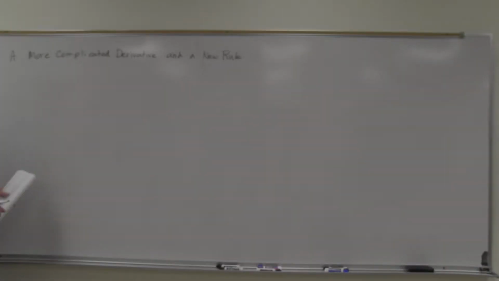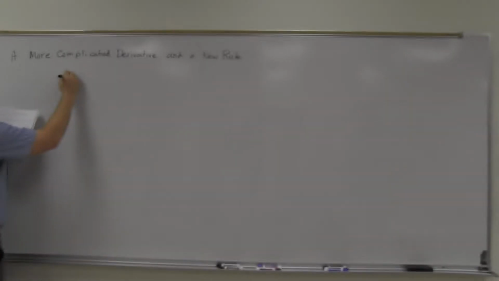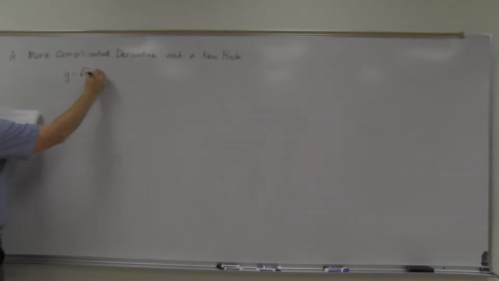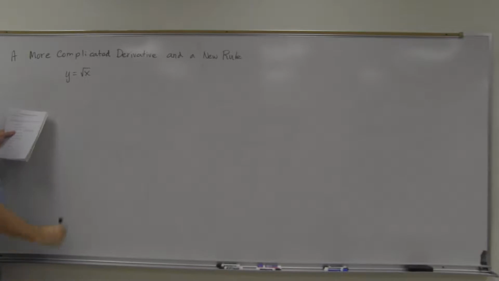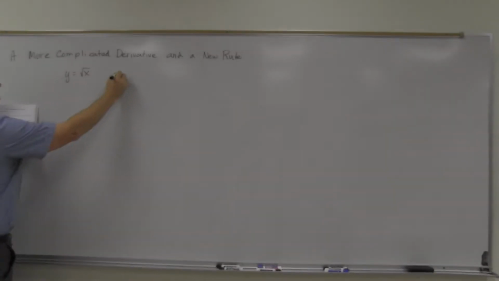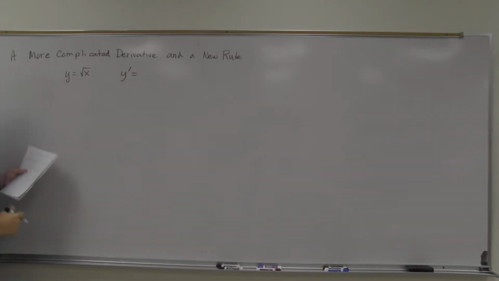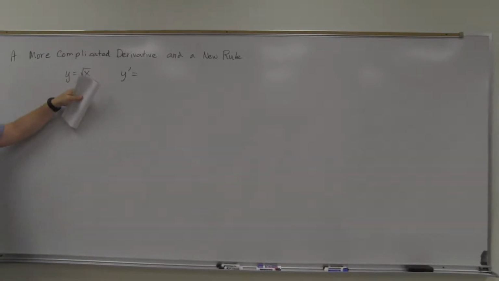I'll put it up here, but let's first start with a reference point: what the derivative of y equals the square root of x is. So y equals the square root of x, the derivative is, well, again, turn that into a 1/2 power, right? x to the 1/2.